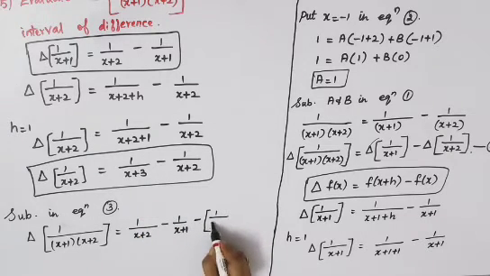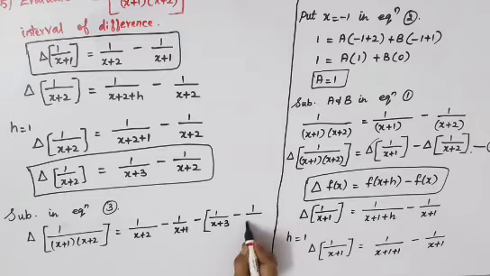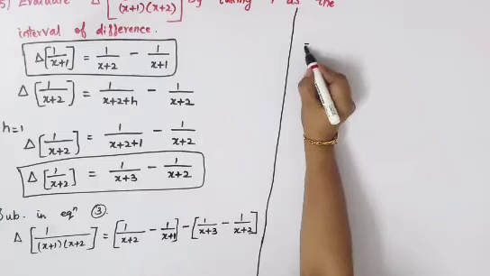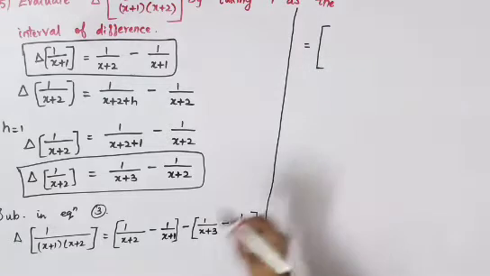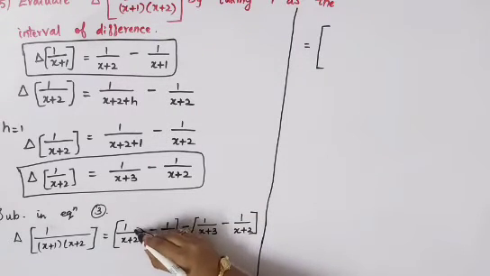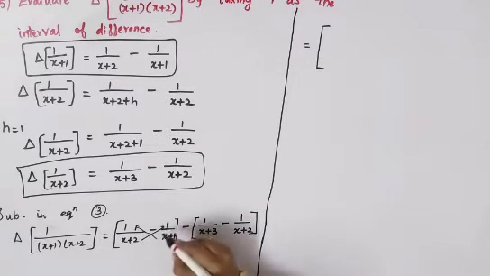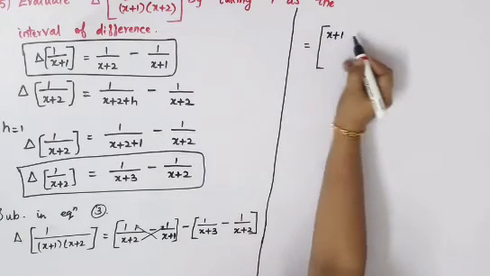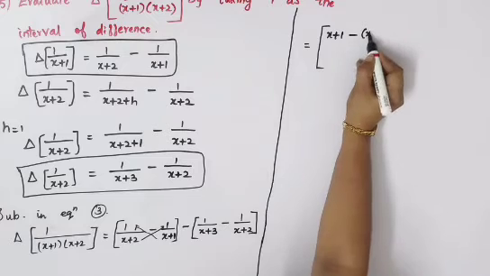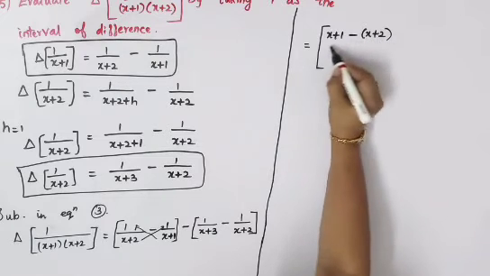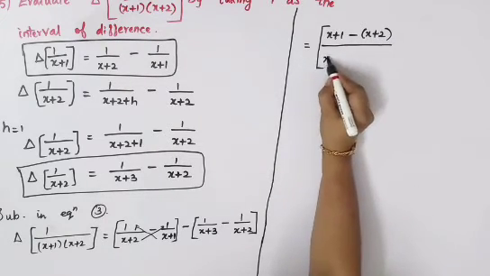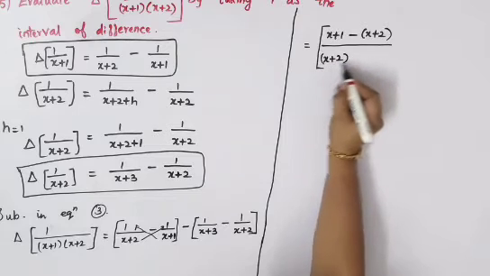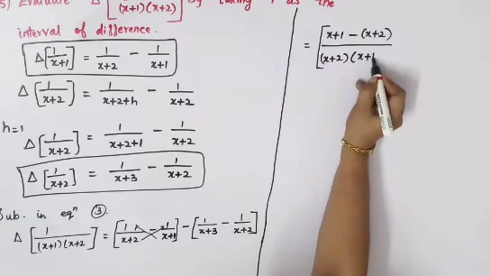So (1 divided by x plus 3 minus 1 divided by x plus 2). So that is equal to, just multiply this here and this term here, that is cross multiplying, otherwise LCM. So (x plus 1) minus (x plus 2) divided by (x plus 2) into (x plus 1).